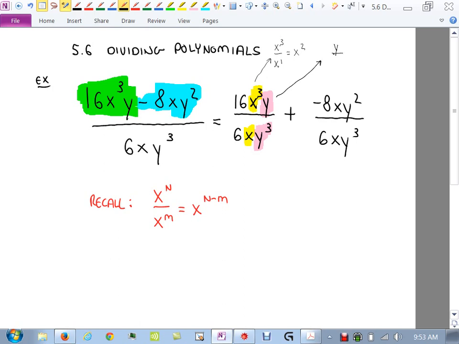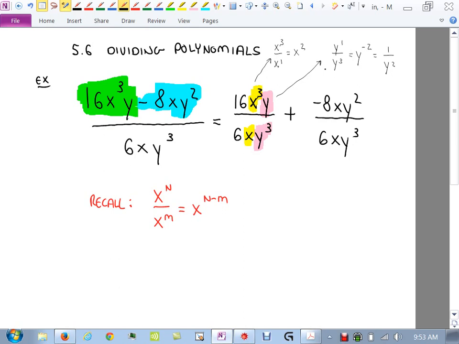What's y over y cubed? So that's y to the minus 2. Good. And that's the same as 1 over y squared. Which really just means that when we do the x's here, we have an x squared left on top, don't we? When we do the y's, we have a y squared left on the bottom. Would you all agree with that?